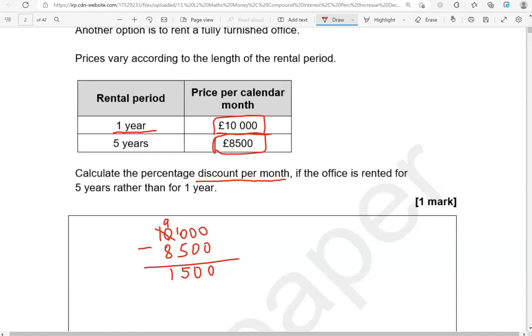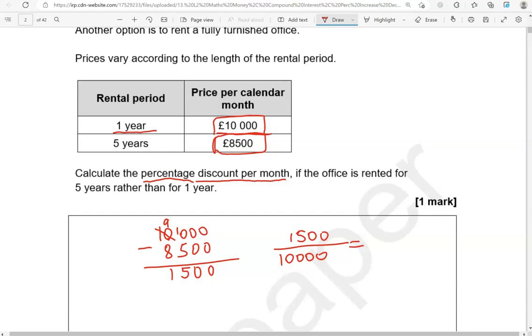What is that as a percentage? Because we're looking at the percentage. So it's 1,500 out of the original, the initial amount before the discount, which is 10,000. So out of 10,000.